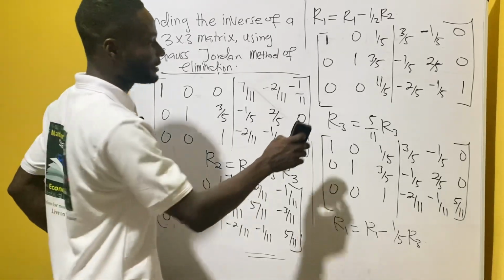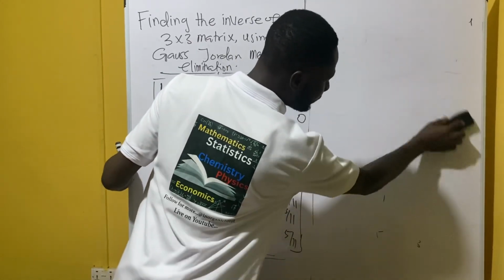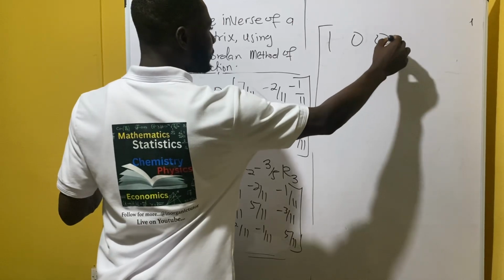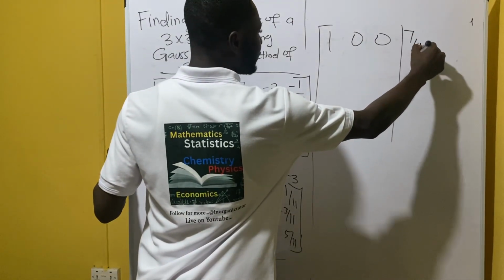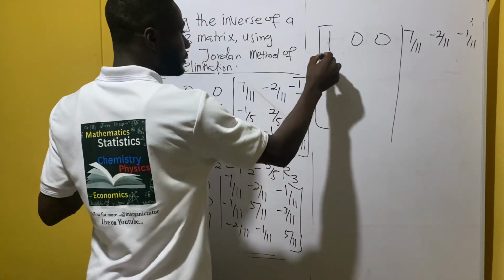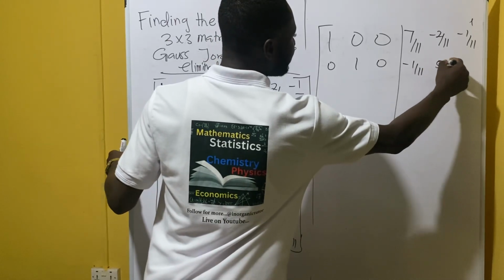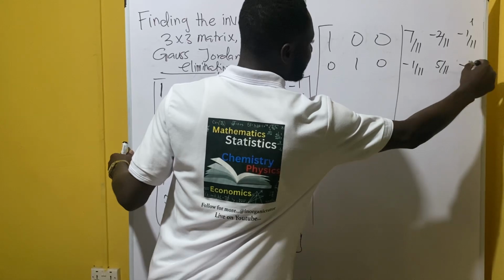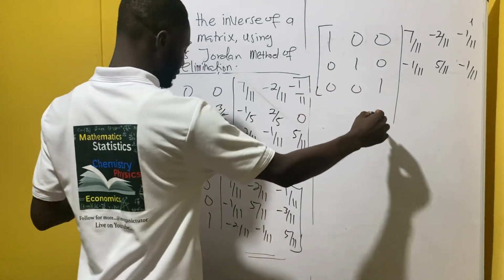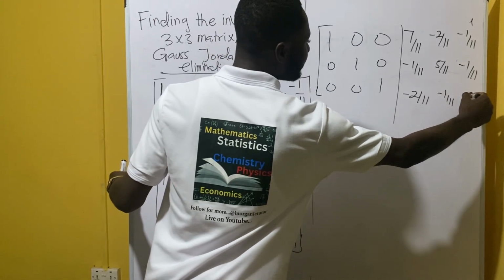So let me write it up here for you. So this right here: 1, 0, 0, right here 7 on 11, negative 2 on 11, negative 1 on 11, 0, 1, 0, negative 1 on 11, 5 on 11, negative 1 on 11, and then the last part is going to be 0, 0, 1, then negative 2 on 11, negative 1 on 11, and then 5 on 11.